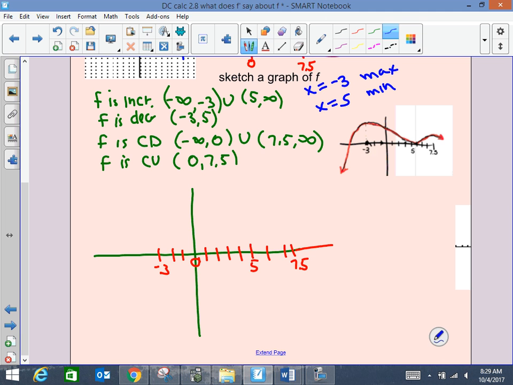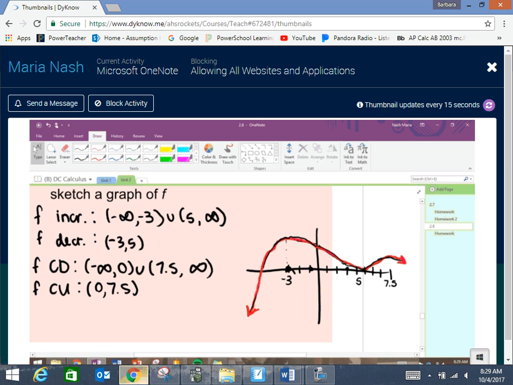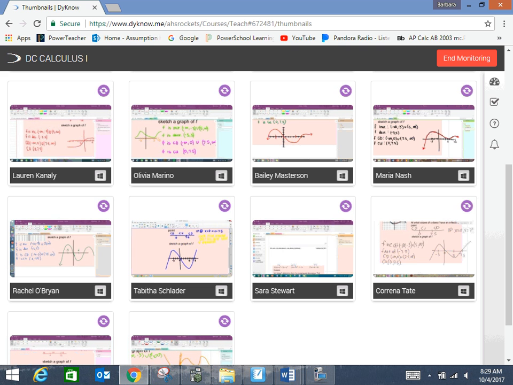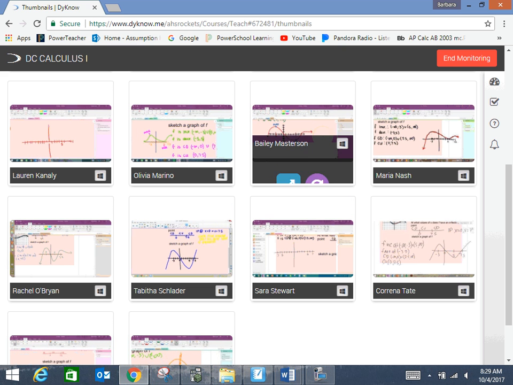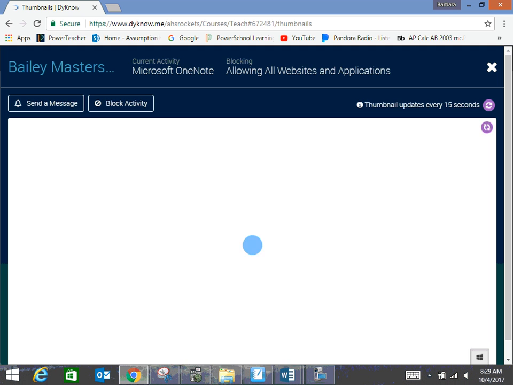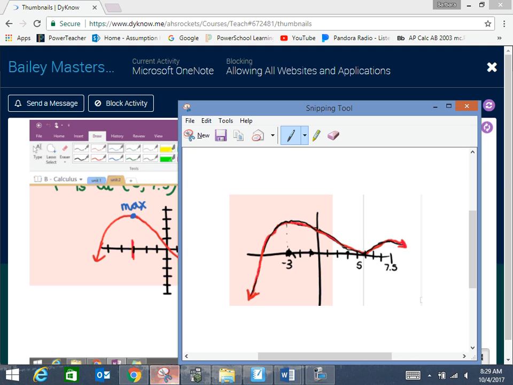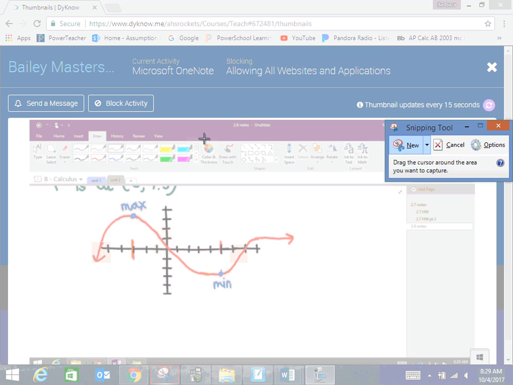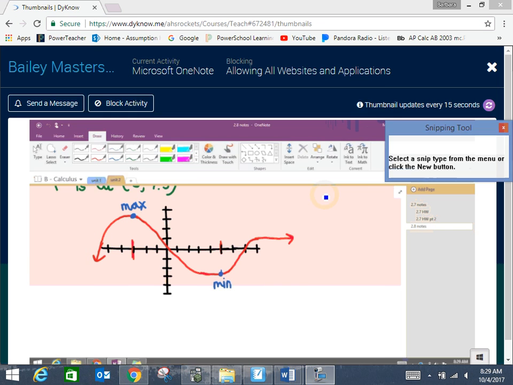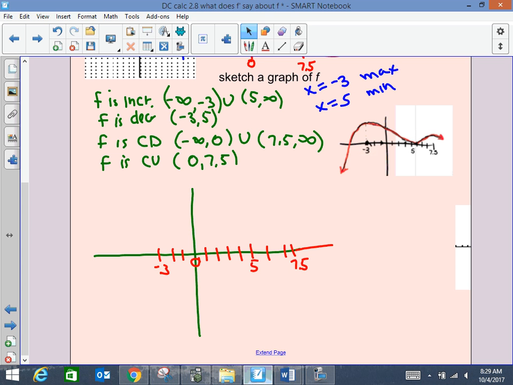Now your min, hers is sitting on the x-axis, but I noticed there were other people's that went down. Bailey, let's check out Bailey's. Oh, look, she's already got it marked. Bailey, so good.